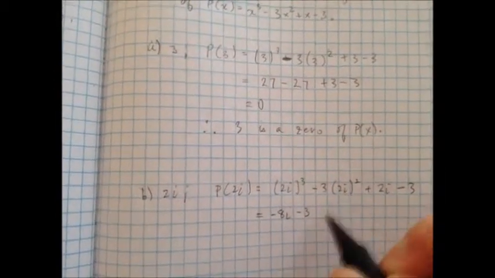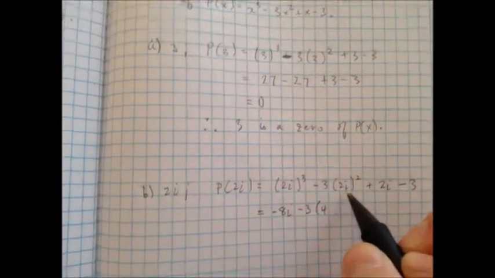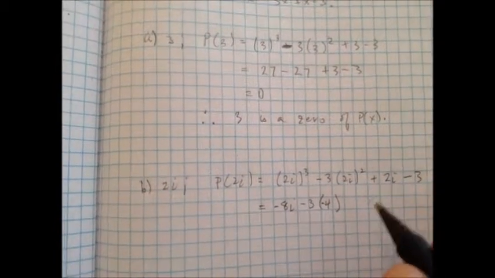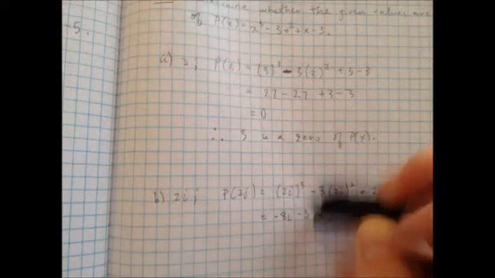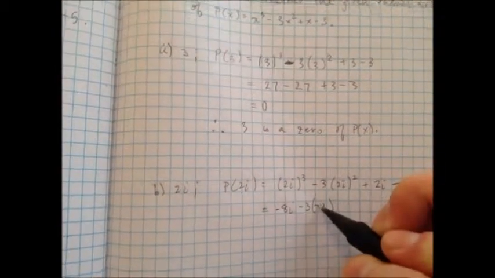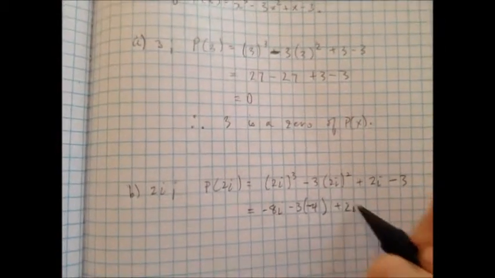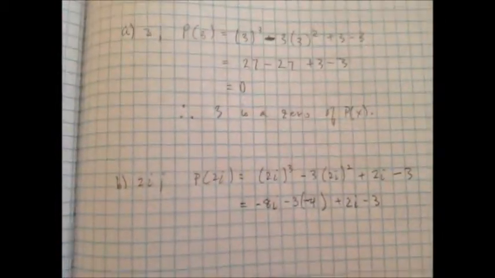Minus 3 times, 2 squared is 4, and i squared is negative 1, so it's negative 4. Let's make that negative more prominent. So it'll be negative 4 plus 2i minus 3.